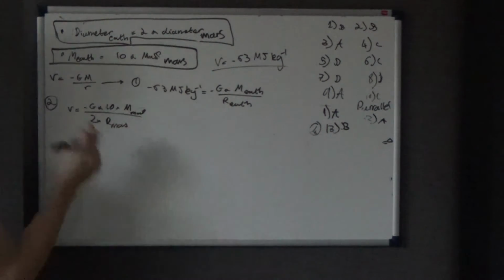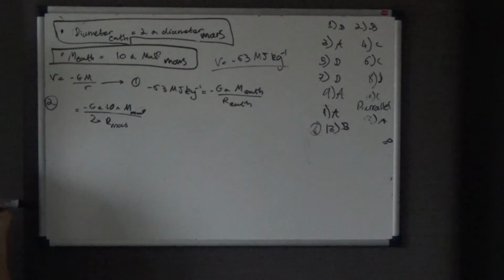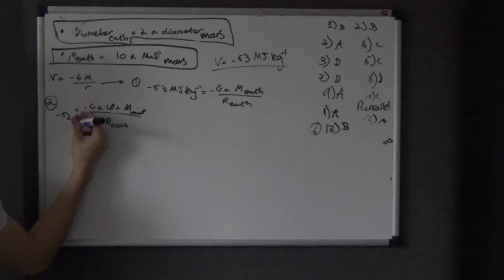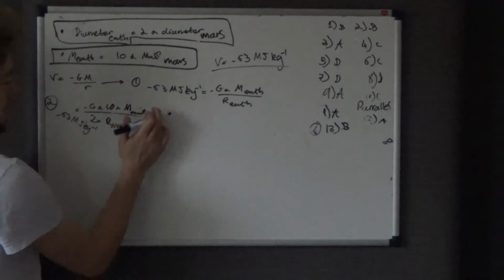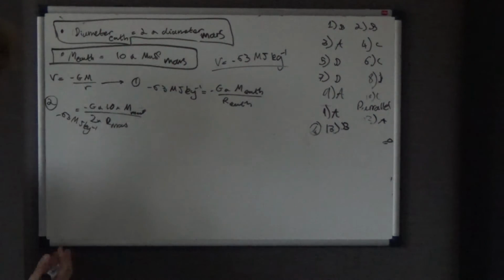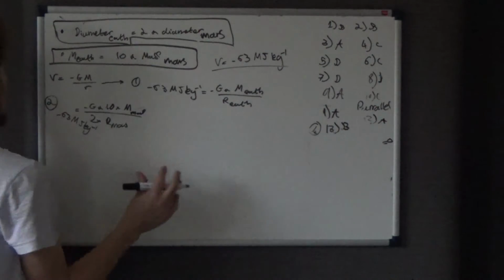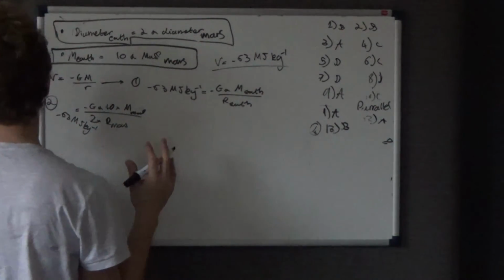Okay, so in that context we now know, because that is the radius of the Earth, 63 megajoules per kilogram. Okay, because we know this, we've adapted this now to say exactly the same as the mass of Earth and the radius of Earth, but we've put it in the context of the mass of Mars and the radius of Mars.